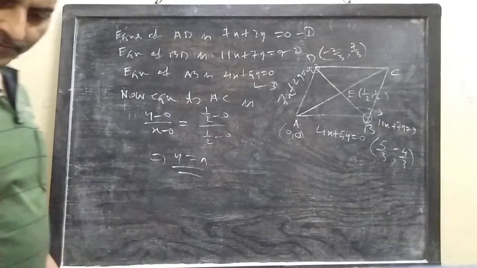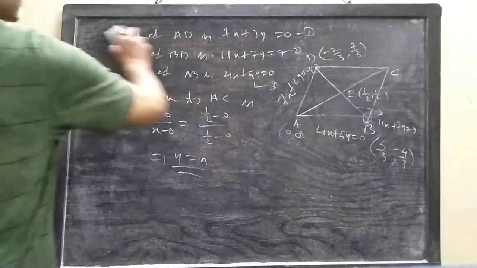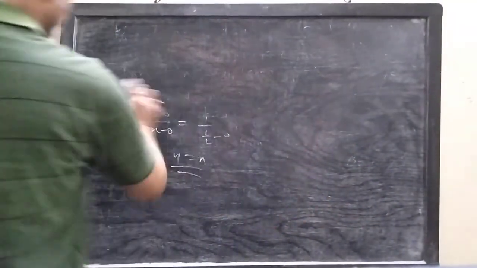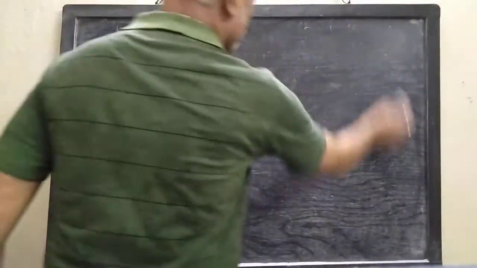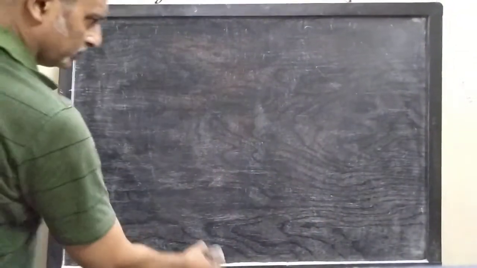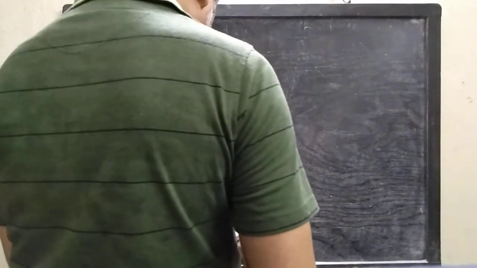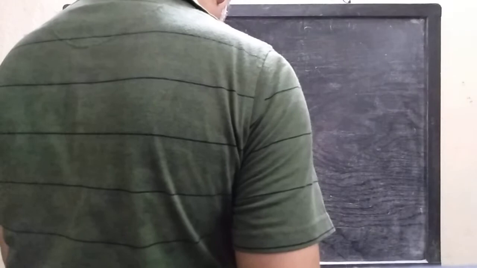Next question, very interesting question. The coordinates of two vertices of a triangle are given.